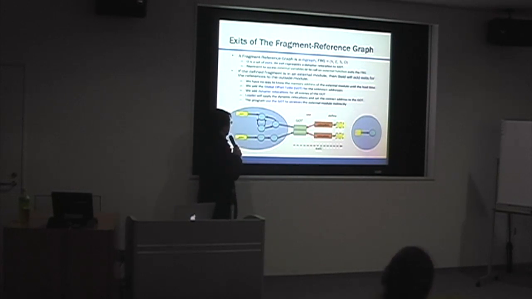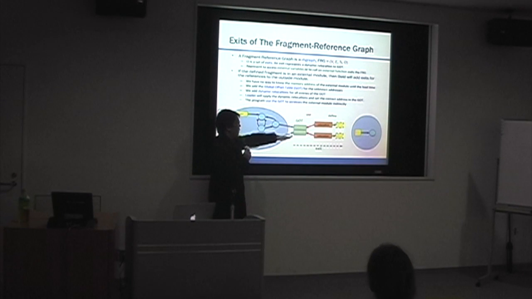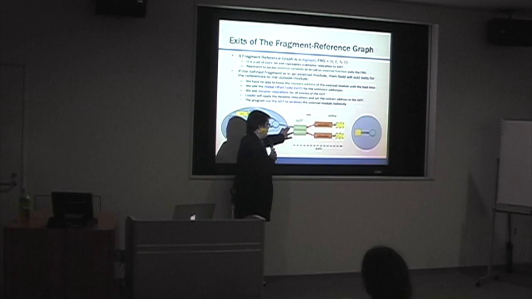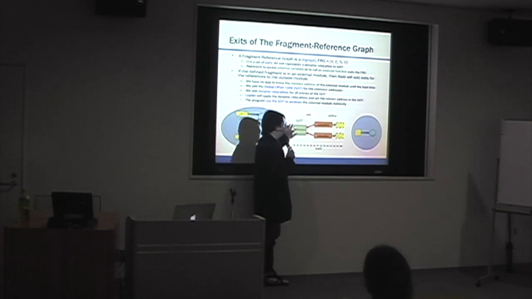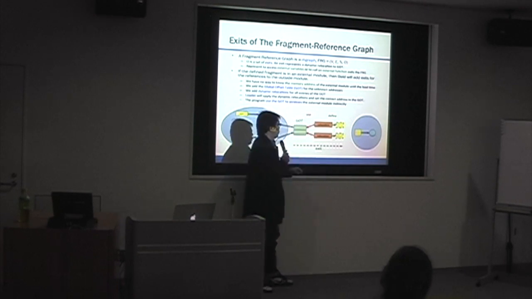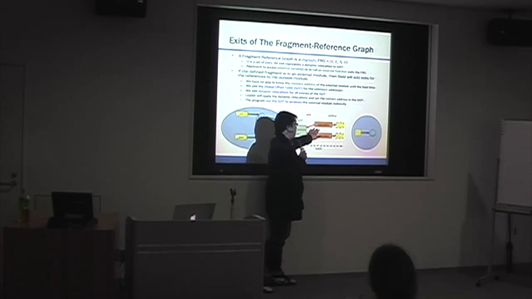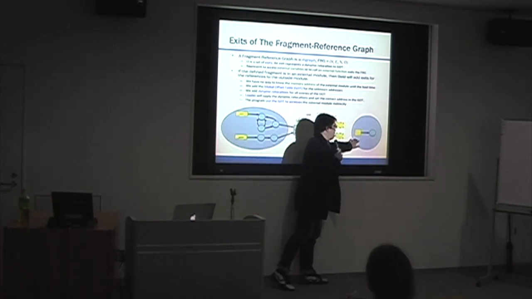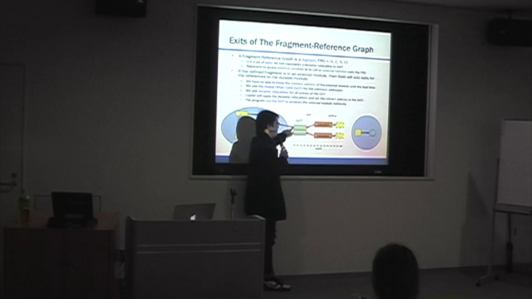Actually, take this for example. If this is a program A, and this program A needs to use a function B, for example to call printf, and printf is in an outside module, then there must be a GOT entry and a dynamic relocation entry. The loader will parse the dynamic relocation entry to find out the address of this function and put this address into the GOT.